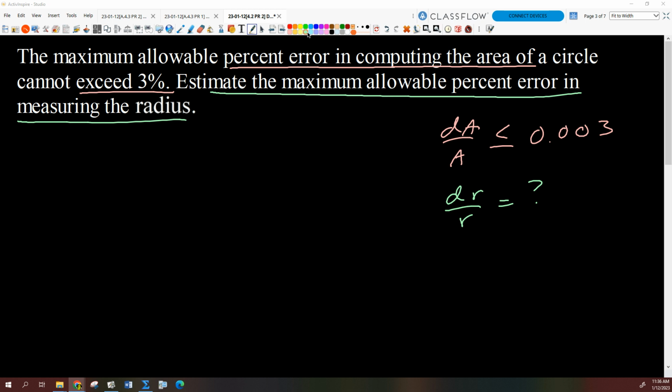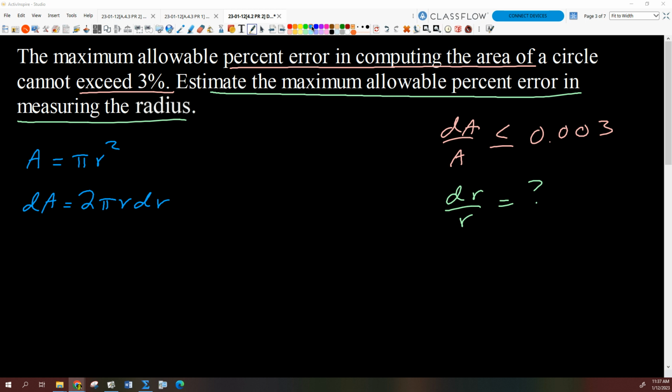What kind of area are we talking about here? Circle, okay. So what's our equation for area? So what's dA? 2 pi r dr. Right? That's our differential, right?